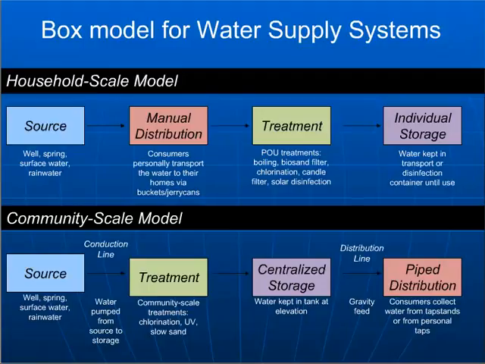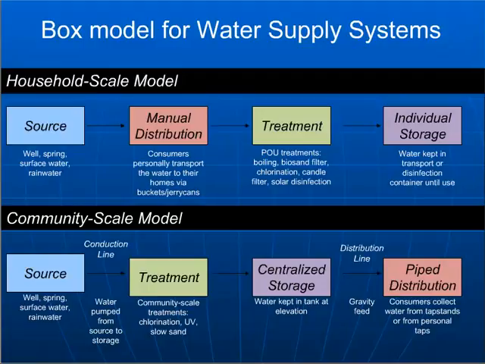So this is basically people carrying water from the source back to their homes, hopefully providing some type of treatment to that water if there's contamination present, and then the users are responsible for storing the water in their own containers on site. They're also responsible for keeping the water clean and disinfected once they've retrieved it.